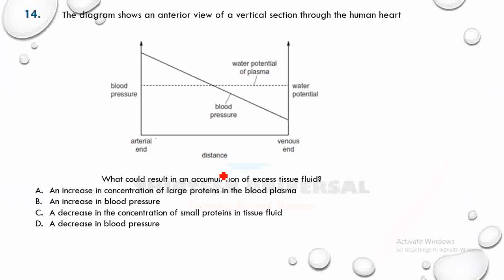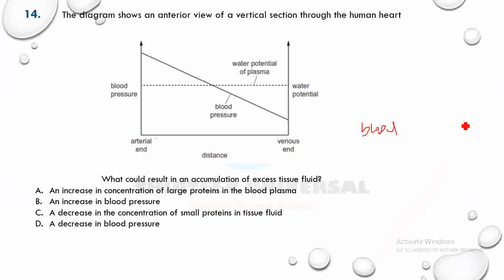All right, what could result in accumulation of excess tissue fluid? So for excess tissue fluid to accumulate in the tissues, what could result in that? Pause the video and try it. A says an increase in the concentration of large proteins in the blood plasma. Remember, if we have more tissue fluid accumulating, there is a problem there.